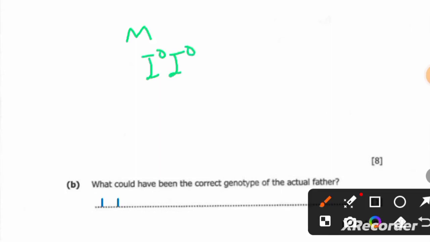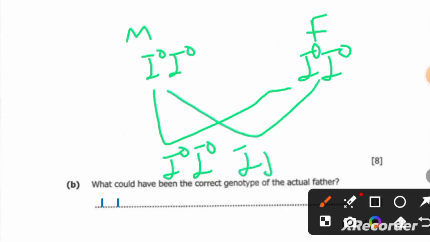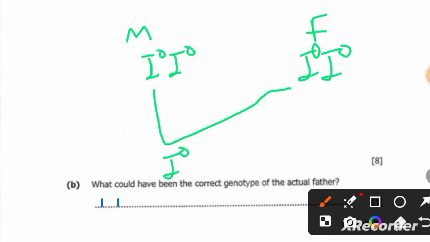In order for this child to be produced, we need to have a father with blood group O. If we do this, there are chances of us producing an offspring with blood group O. There are chances of this couple producing an offspring with blood group O. We can also use blood group AB, even blood group AB heterozygous.